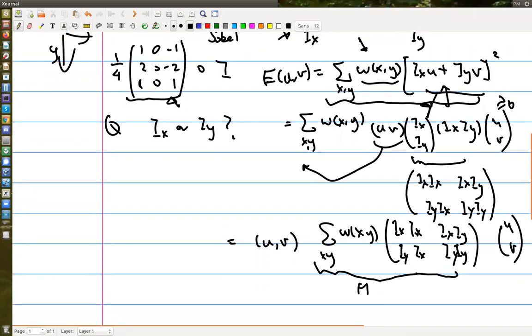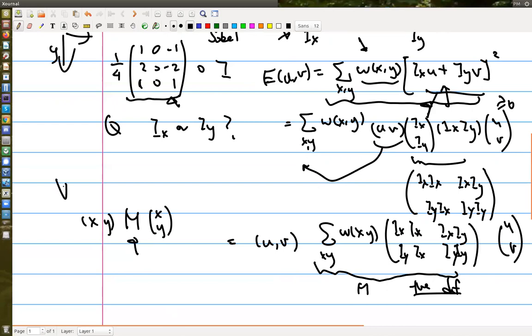And note that M is positive definite. If you don't know what I mean, that's okay. A positive definite matrix means that for a matrix M, I put in any value u and v here, or pick any value, this time I call it x and y, I have this quadratic form, which will give me a number.